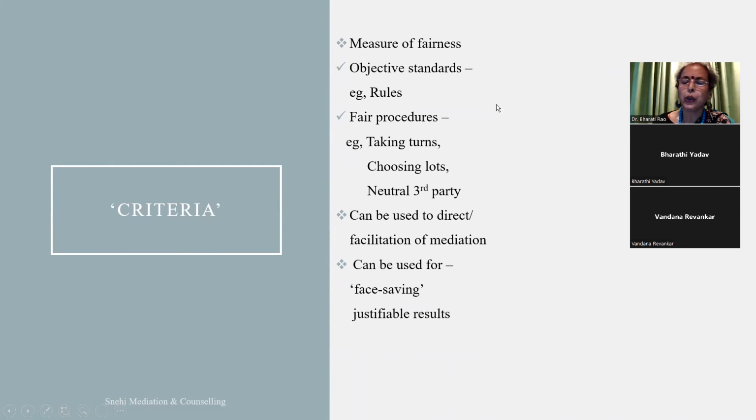So it is important for the options that are generated to be objective as well as fair, for the solutions that are generated and implemented for the mediation process to be effective as well as successful, and for people to believe in it.